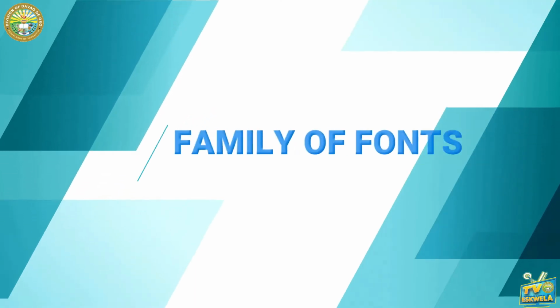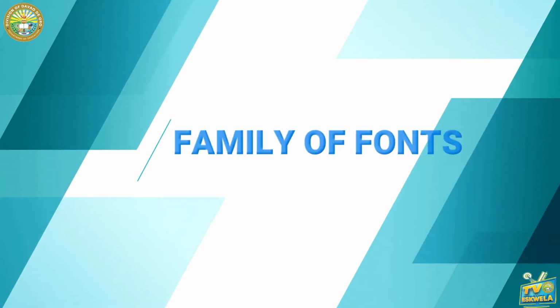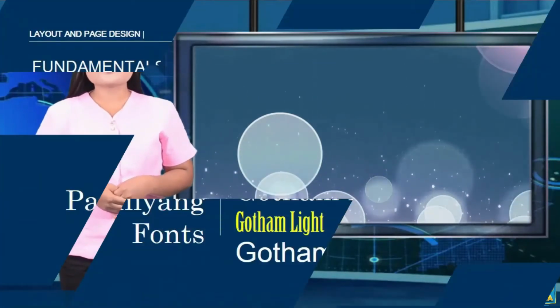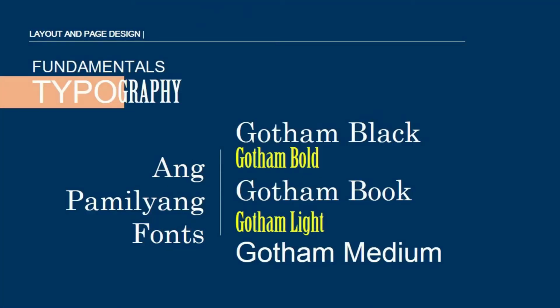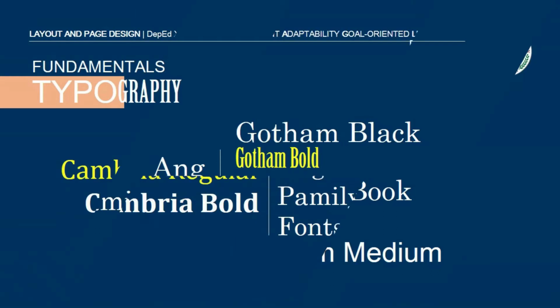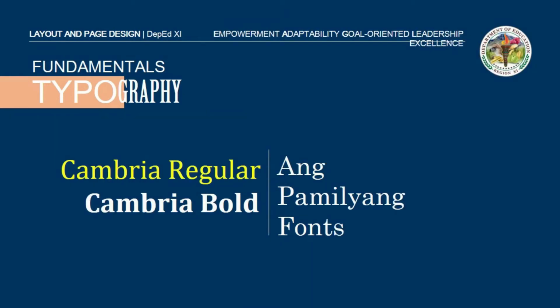Font also has a family. Example, for Gotham, we have Gotham Black or Gotham Bold, Gotham Book or Gotham Light, and Gotham Medium. Another example, for Cambria, you can use Cambria Regular or Cambria Bold.